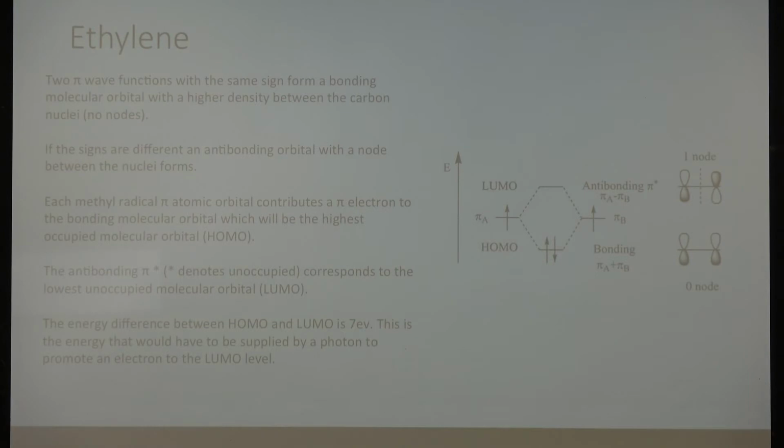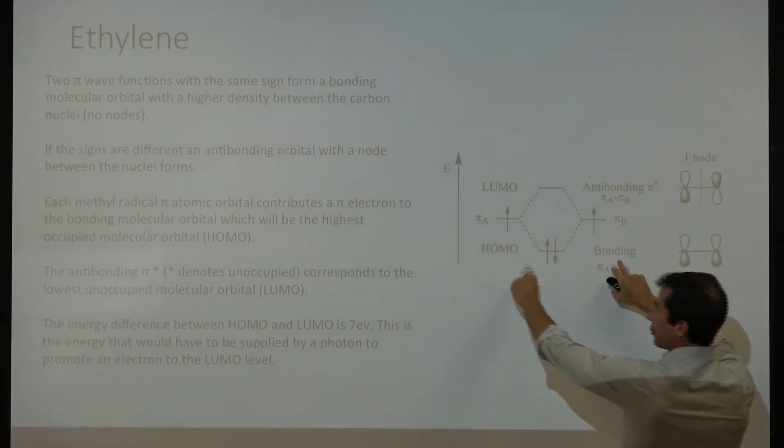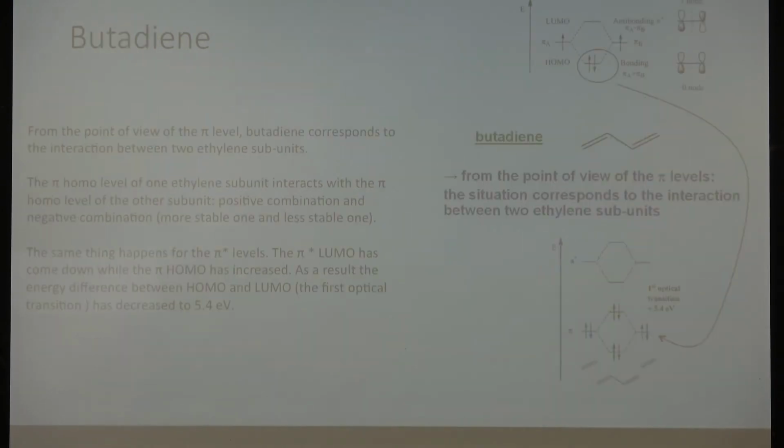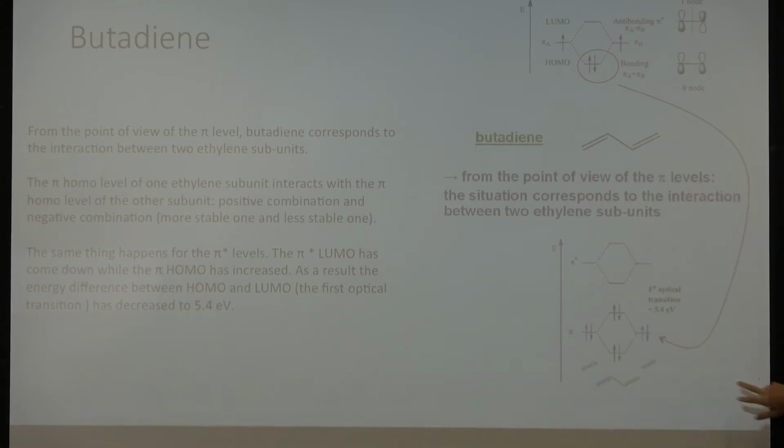Just like here, we were combining these two methyl radicals. Now this is coming here, and this is going there, right? So we're combining ethylene 1, ethylene 2 into butadiene.